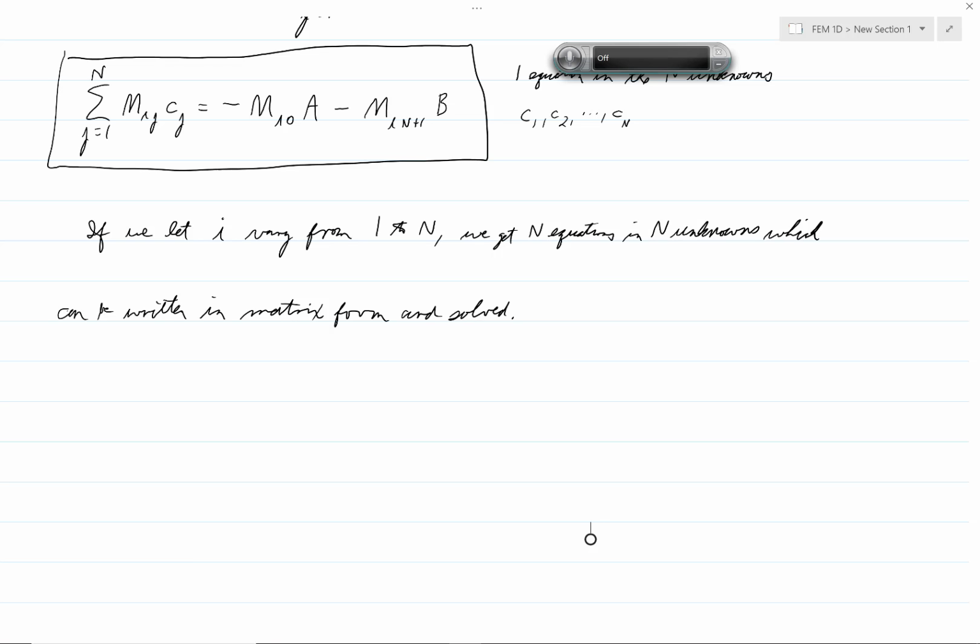We see here is the equation that we derived, and as was said last time, this is one equation in n unknowns, and when we vary i from 1 to n, we will get a total of n equations and n unknowns.